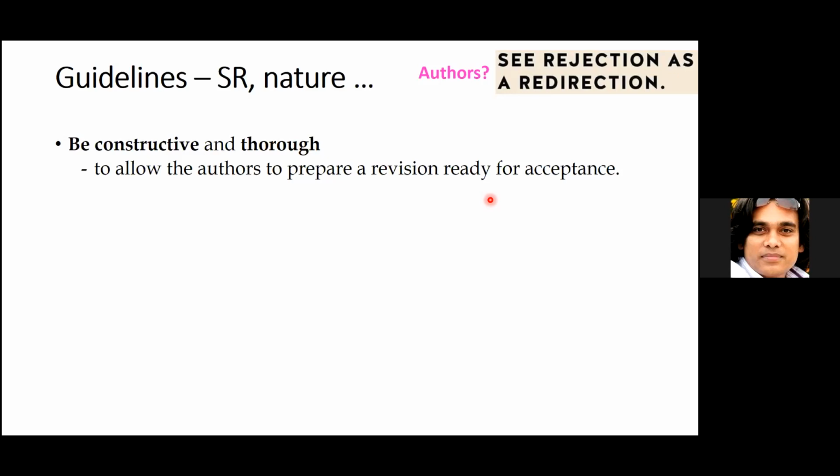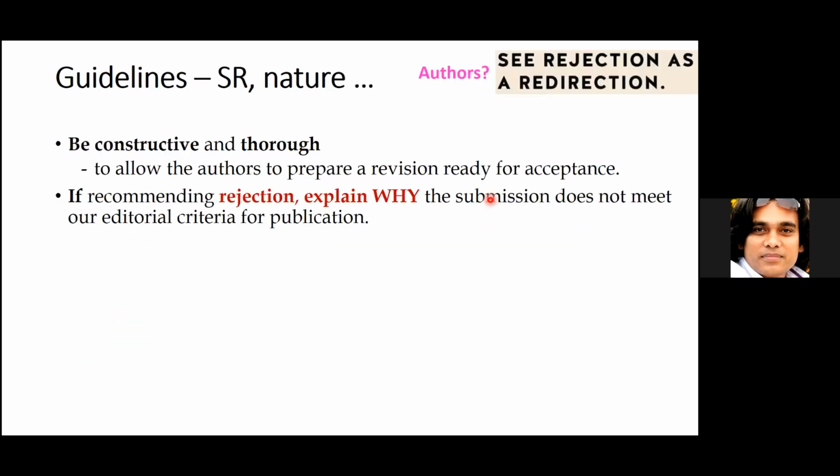Next, if you reject a paper, remember, explain why the submission does not meet our editorial criteria for publication, because different journals have different strategies, and of course based on the quality of the journal or the conference, the level will vary.